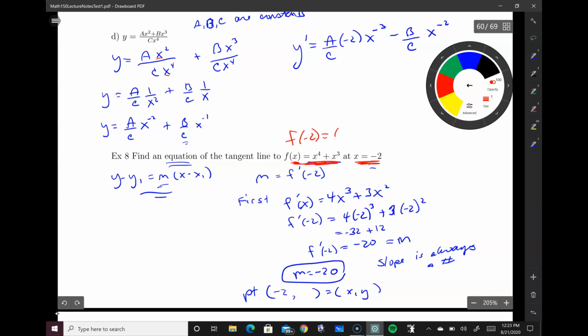I do. So negative 2 to the 4th plus negative 2 cubed. So this gives me 16 minus 8. So that'll give me 8. So that's the y value. Okay, so I can put it together. So y minus 8 is equal to negative 20 times x plus 2. That's my equation of the line.